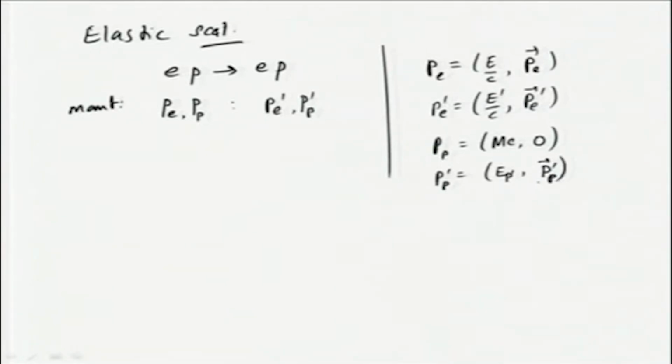All right. So, energy-momentum conservation will tell you that the addition of the 4-momenta in the initial state is equal to P_e prime plus P_p prime, the sum of the final momenta. This includes both energy conservation and momentum conservation. The 0th component will give you the energy conservation, and the 1, 2, 3 components will give you the momentum conservation.